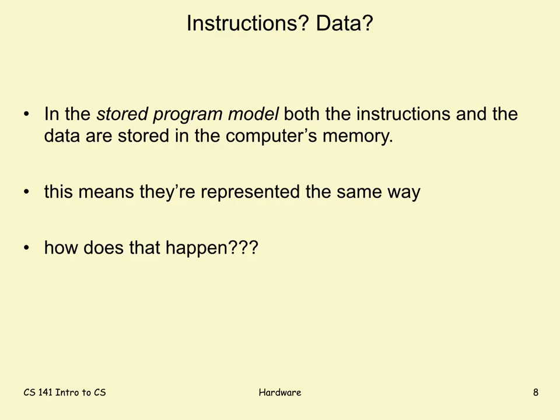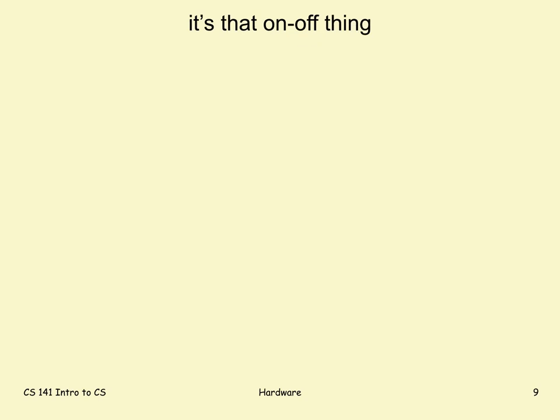So that's how your computer works, period. In the stored program model, the instructions and the data, as we've said, are stored in the computer's memory. They're represented in the same way. And so how are they represented and how does this happen? It's that on-off thing. It turns out that on-off switches are very easy to make.